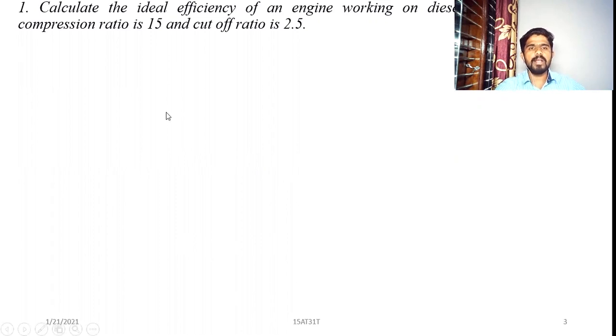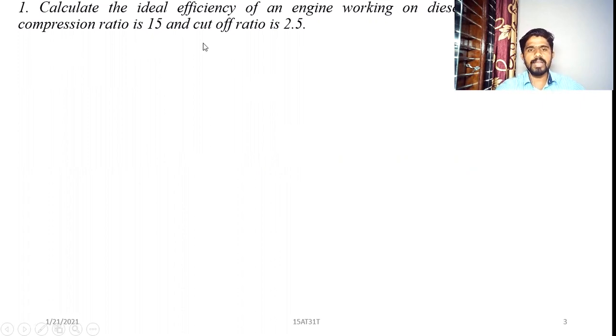The first problem is to calculate the ideal efficiency of an engine working on the diesel cycle. Don't forget this data, because this is a diesel cycle problem, when the compression ratio is 15 and the cutoff ratio is 2.5.